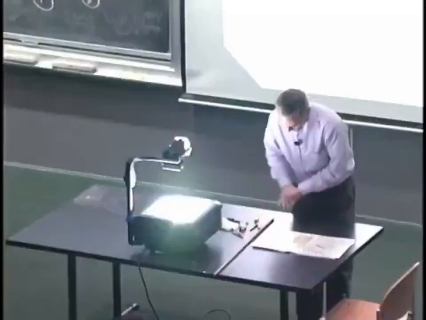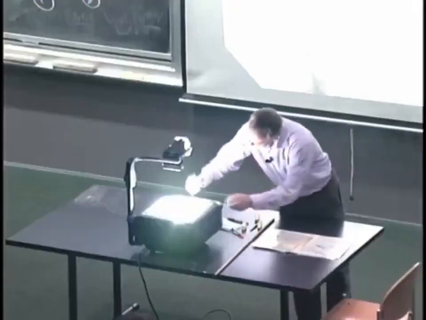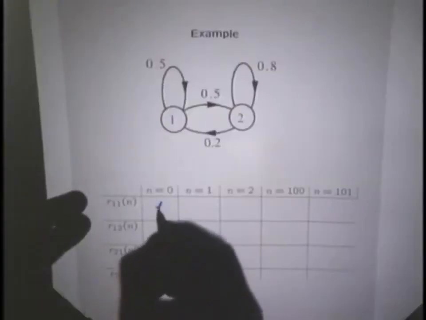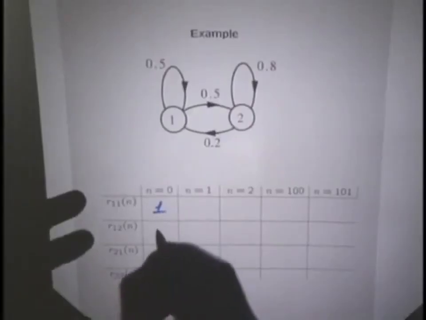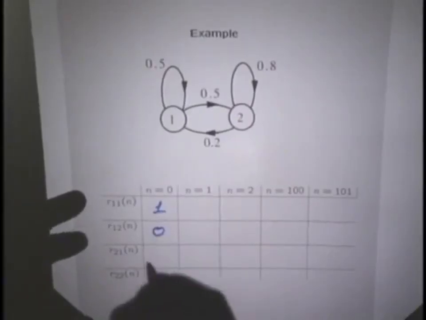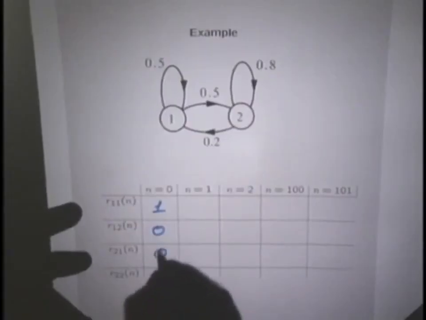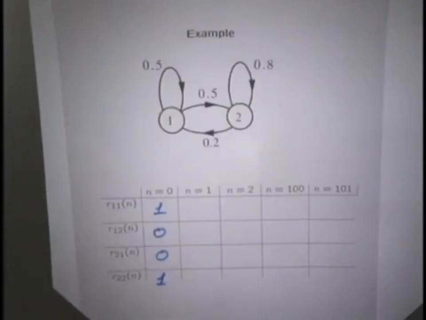So now let's start calculating. As we discussed before, if I start at state 1, after 0 transitions, I'm certain to be at state 1, and I'm certain not to be at state 2. If I start from state 2, I'm certain to not be at state 1 at that time, and I'm certain that I am right now at state 2.